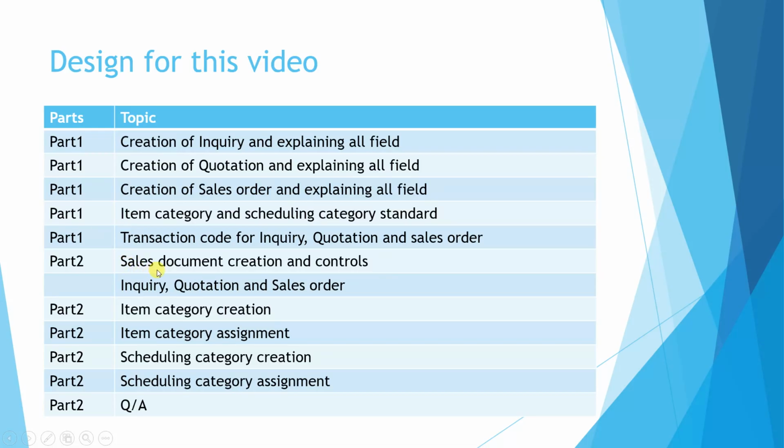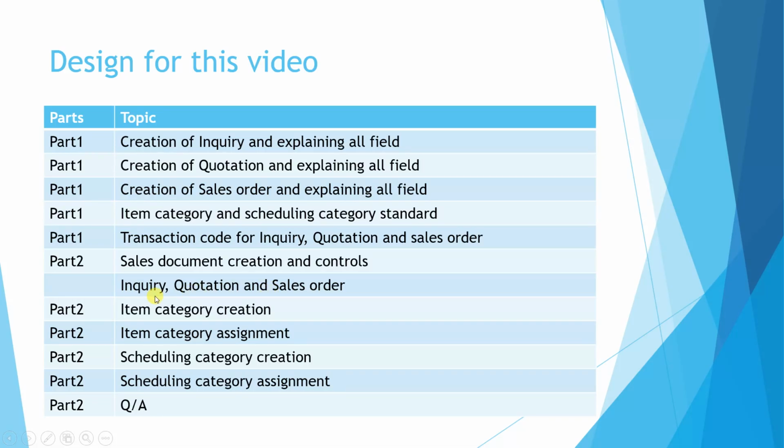And in the second part of this video, we will get to know about sales document creation and controls, like inquiry, quotation, and sales order. These we are calling sales documents. In sales documents, inquiry is one type, quotation is one type, and sales order is one type.